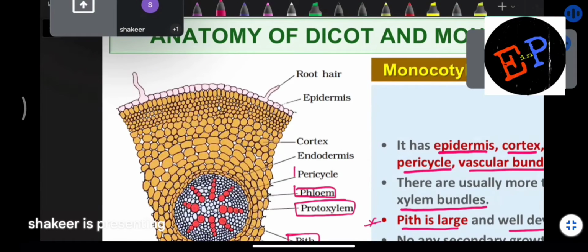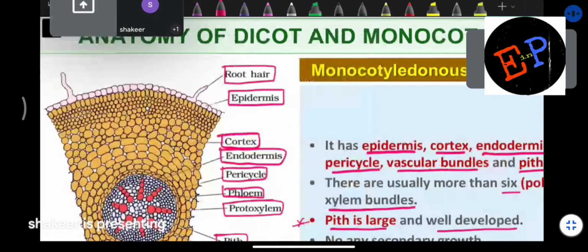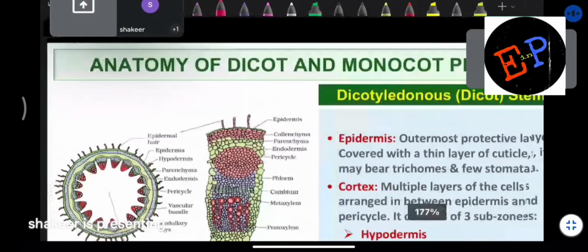Then you can find the pericycle inside the endodermis, the endodermis inside the cortex, and the cortex inside the epidermis, and on the epidermis we have epidermal appendages, which are called root hairs. Clear? That's it. Okay.